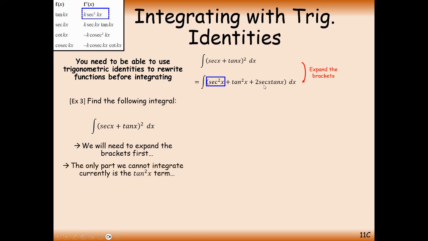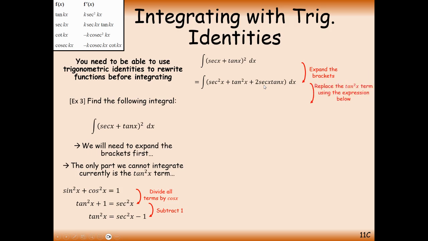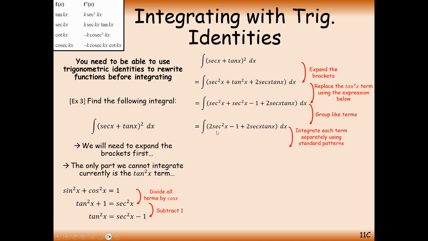Then we will have 2 lots of sec square under the integral, minus 1. The fact that there are two lots of sec square is fine. We factorize the 2 out and we know that the integral of sec square is tan. Therefore, we will have 2 tan for the first term. The integral of minus 1 will be simply minus x because we're integrating with respect to x.